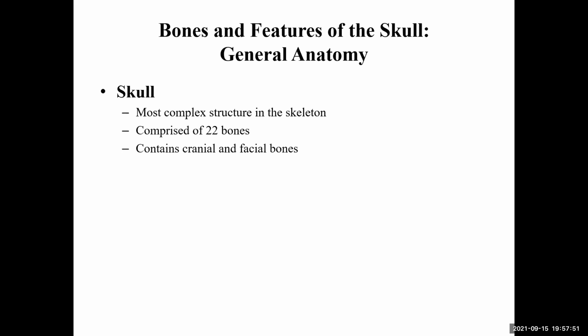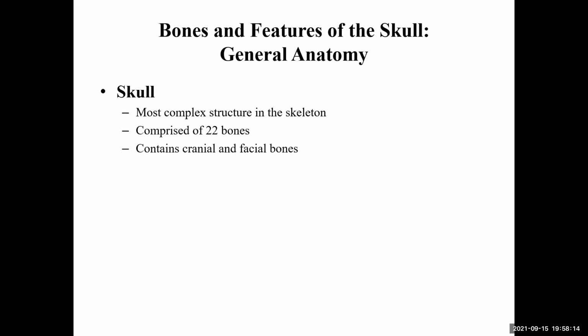The skull is often considered to be one of the hardest structures to learn because of all the complex bony landmarks, the nooks and crannies, all the bones that comprise the skull. So that's why we'll start off with it first. Start off with the hardest one.